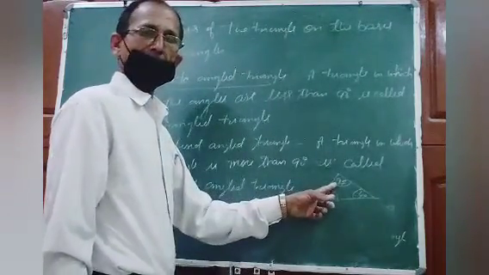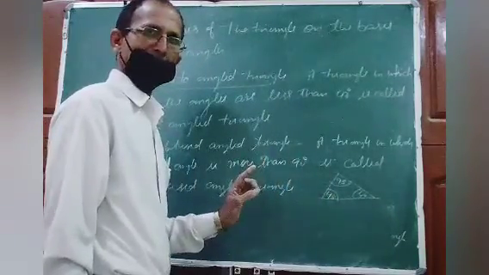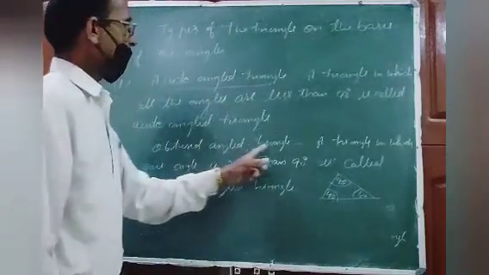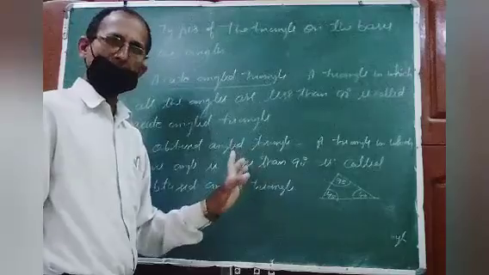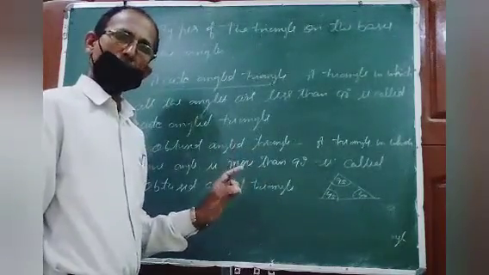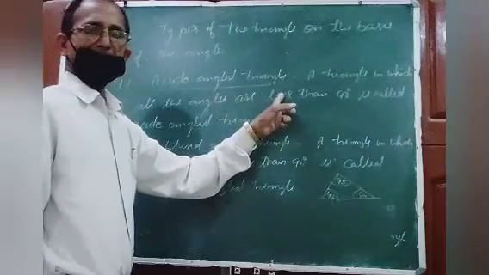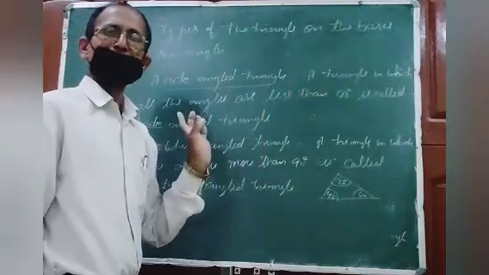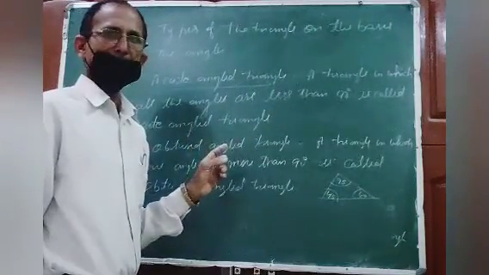So one angle more than 90 degree is called an obtuse angle triangle. Is it clear? Yes. In an acute angle triangle, the measure of each angle must be smaller than 90 degree.